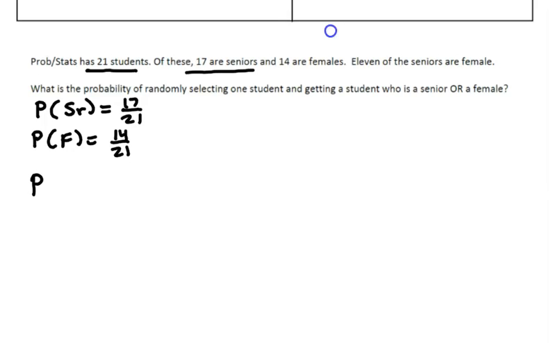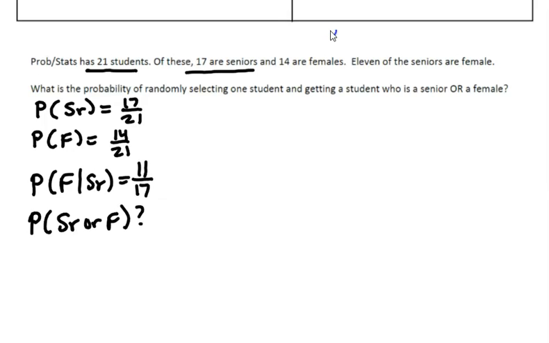So the probability that you are female, given that you're a senior, is 11 out of what? How many seniors are there? 17. Okay, 11 out of 17, because you take only the 17 seniors. So what's the probability of being a senior or a female?